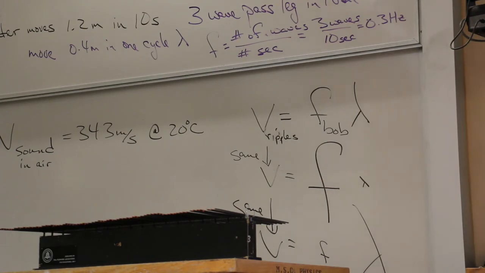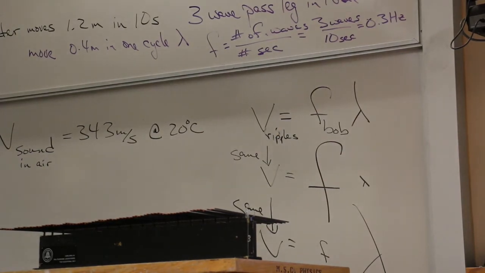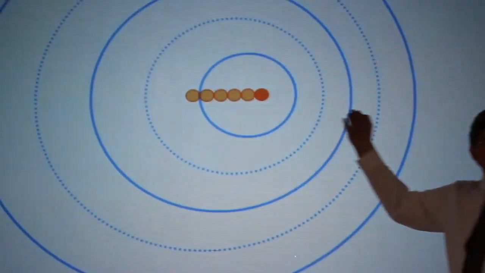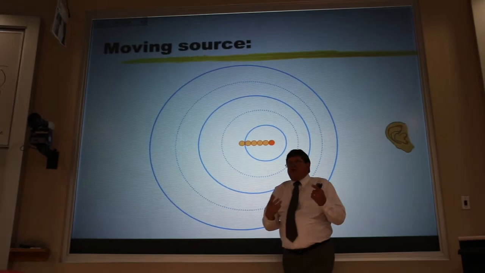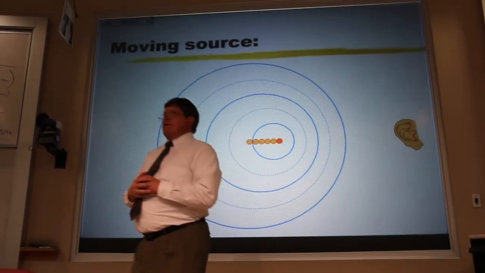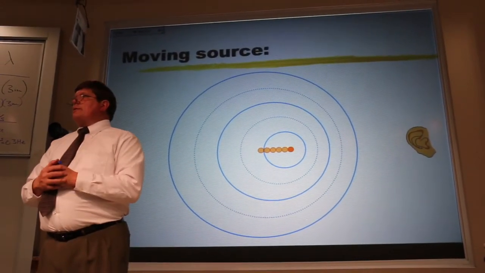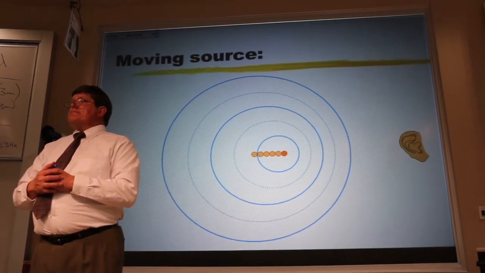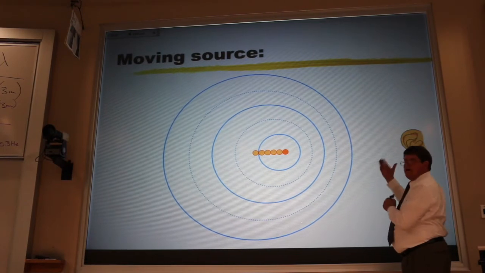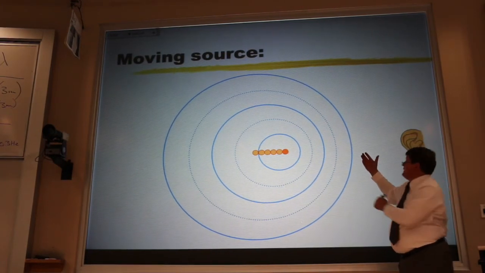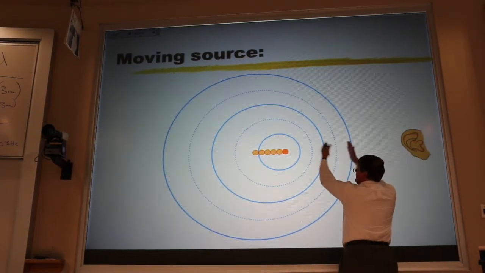Now, we don't really care about skeeter bugs on the pond. What we care about is sound. And if this is some siren that is moving towards you, if the siren has a rest frequency, the frequency you would hear if you were standing with it, if it has a rest frequency of 400 hertz, and it's coming towards you, what you hear is something higher than 400, because these crests are bunched together.